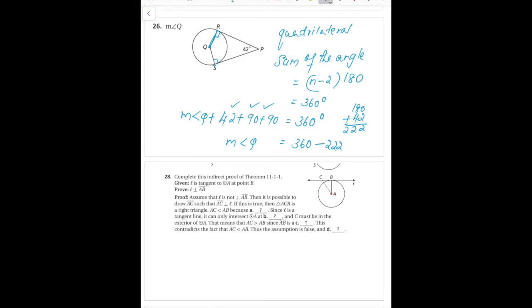So 360 minus 222 is equal to 138 degrees. So measurement of angle Q is 138 degrees. That's an obtuse angle.